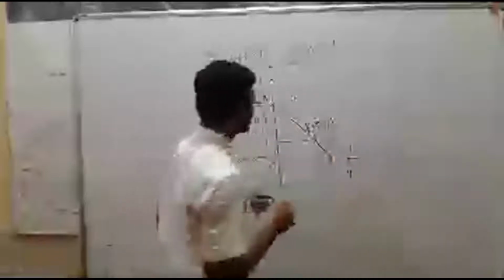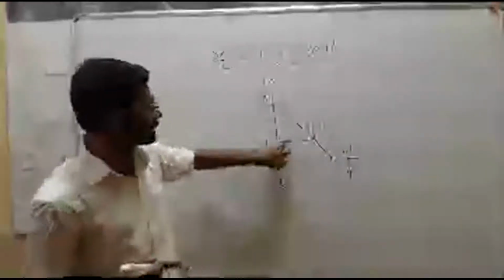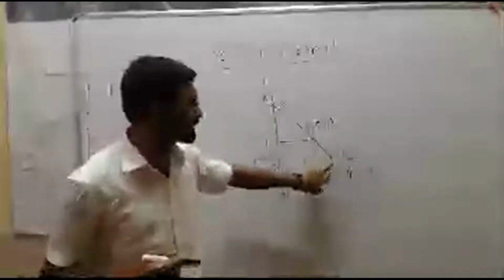Now the B coordinates: the x value is 3 and the y value is 0.